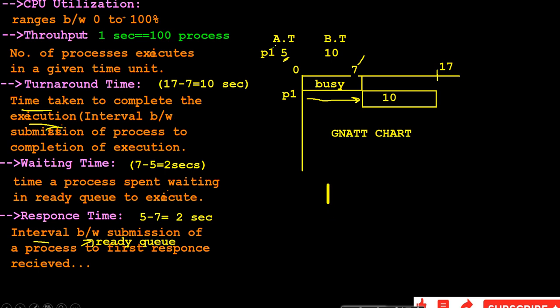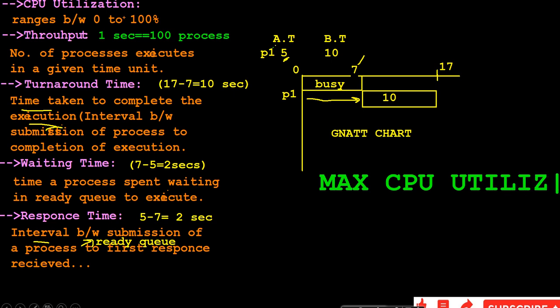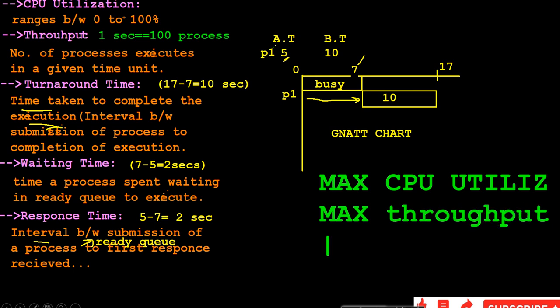The better scheduling criteria are these: we have to maximize the CPU utilization, and we have to maximize the throughput. Turnaround time has to be minimized, so we want minimum turnaround time.